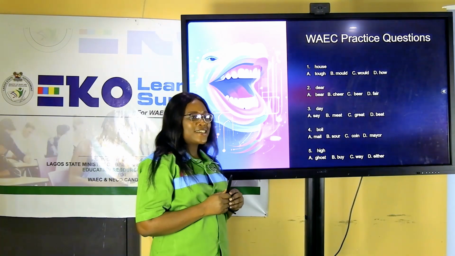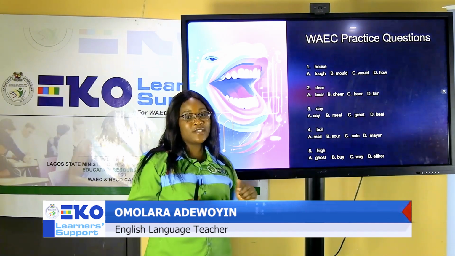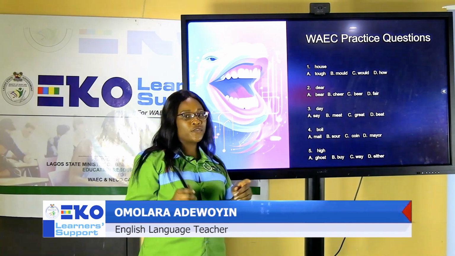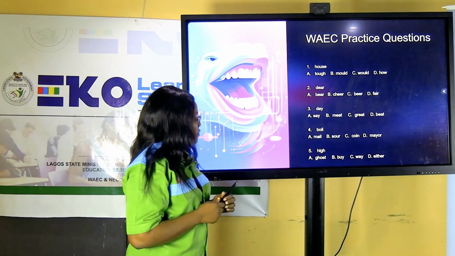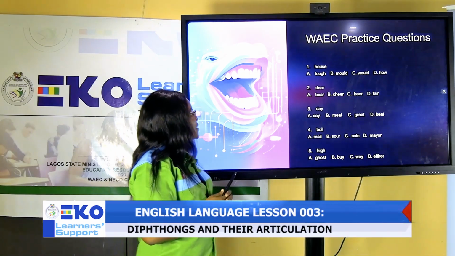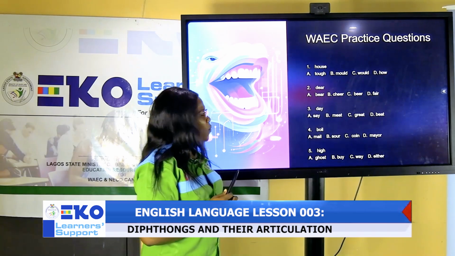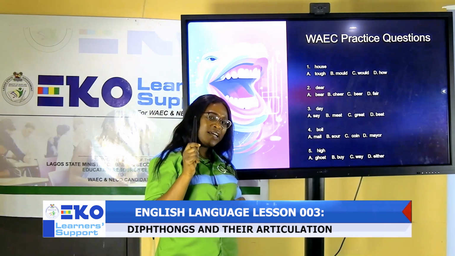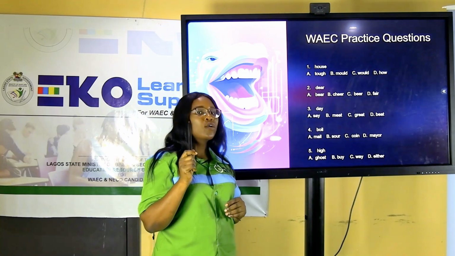What were your answers? Don't forget you can use the elimination method when you are confused. Just apply the elimination method. The first word says house. What diphthong can you hear in that word? Did I hear you say ow?